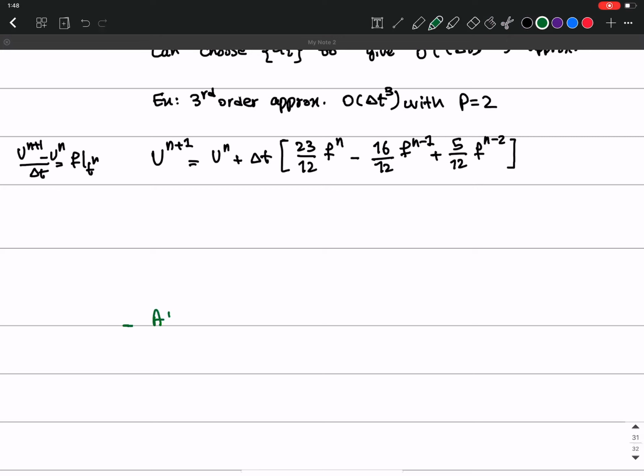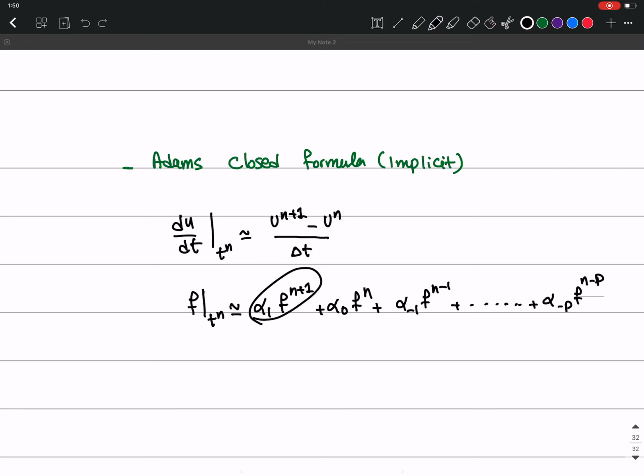Okay? So the difference is in this term, that I don't know this term, so that is why it is called implicit, because I don't know it. I have to use some algebra or other things, matrix algebra, or iteration methods, to be able to find the value of fn depending on if it is a nonlinear or a linear function. Okay.